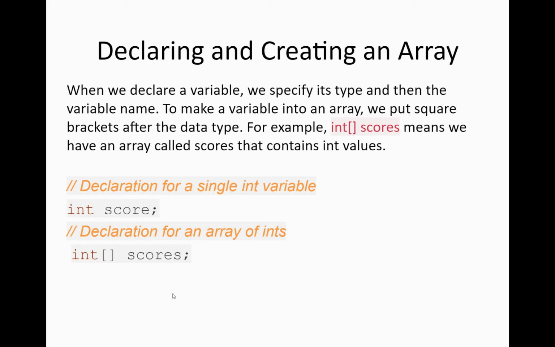It doesn't have a size yet, but this would create the ability to store multiple integers in one location, and that identifier would be scores. We would use the indexes to access the individual locations.